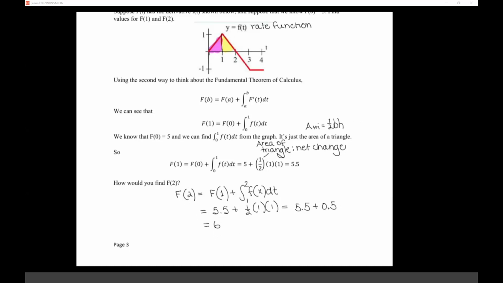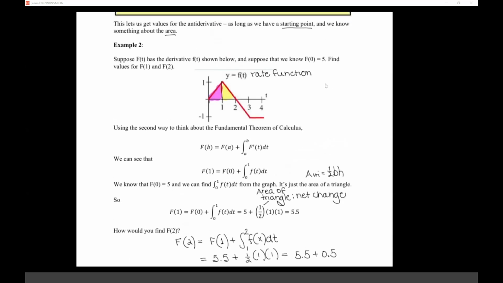Okay, remember, a lot of you are probably confused by, wait, you told us it was the area under the curve. Yes, but this time I gave you a starting value. See this up here? We didn't know that previously, so we were just accumulating the area under the curve.